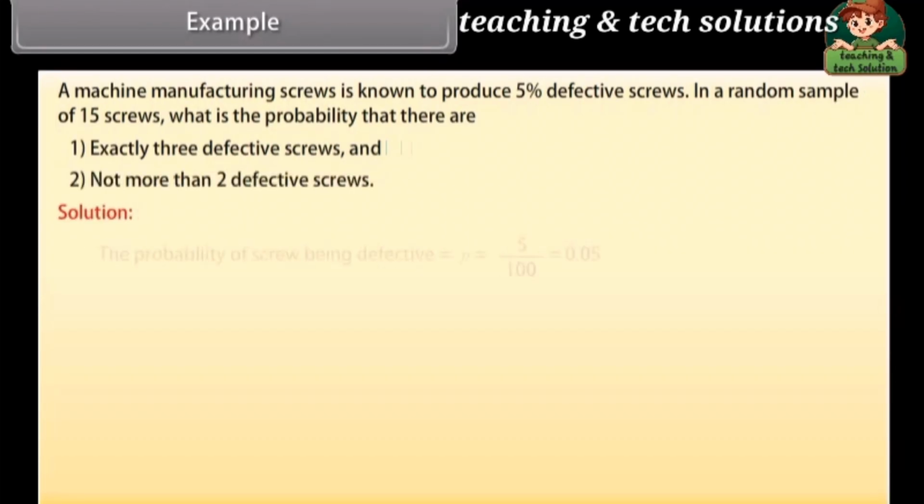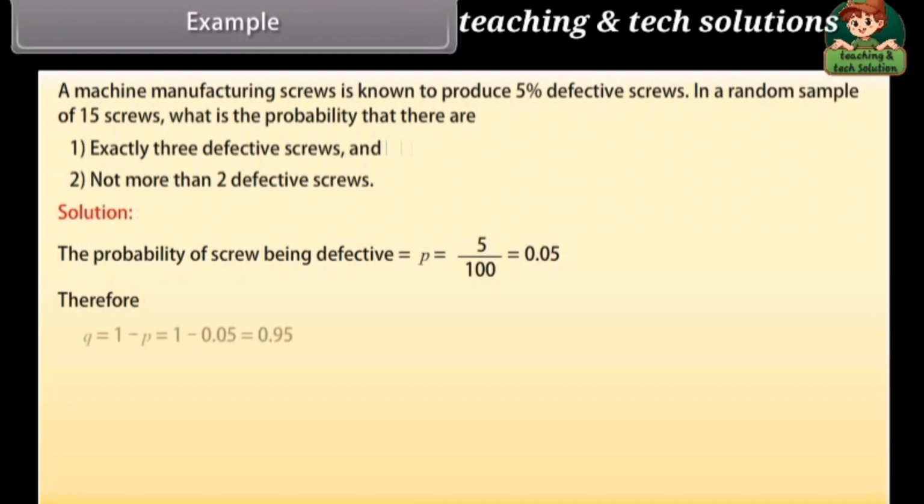Solution: the probability of a screw being defective is P is equal to 5 by 100 is equal to 0.05. Therefore, Q is equal to 1 minus P is equal to 1 minus 0.05 is equal to 0.95. 1.